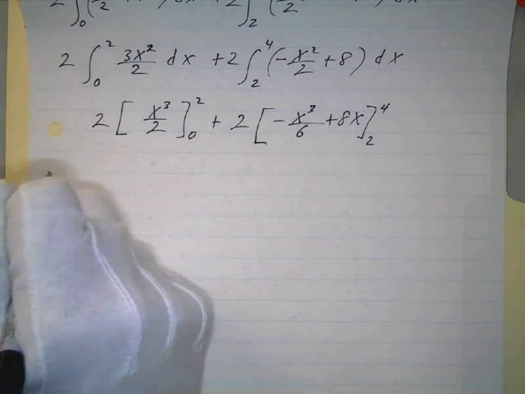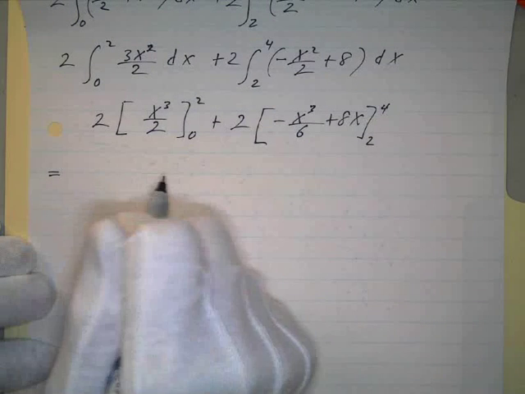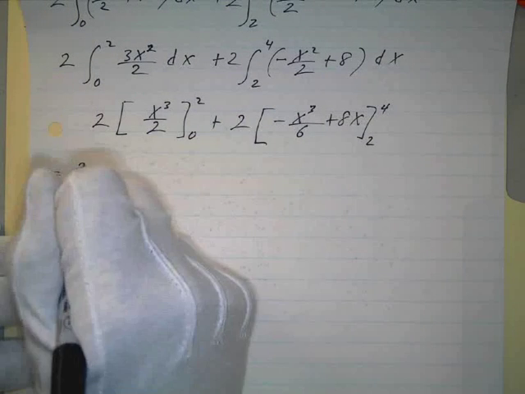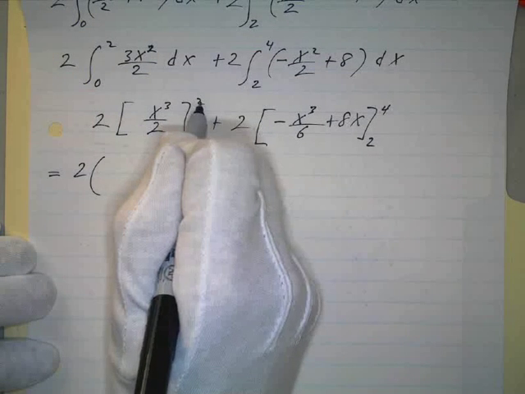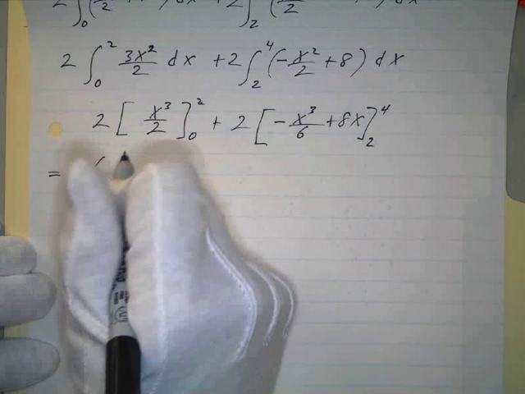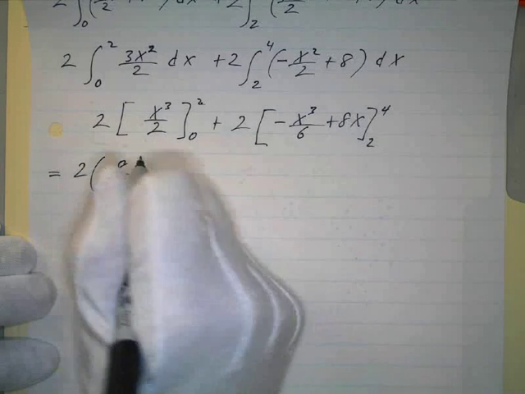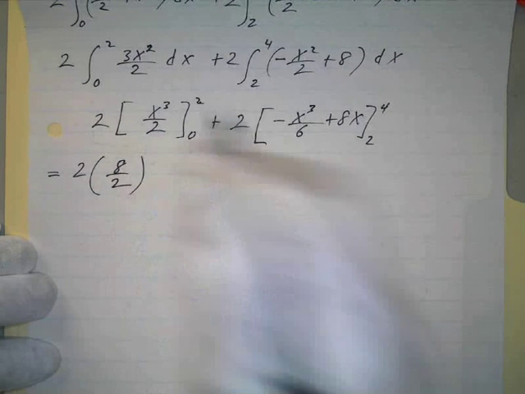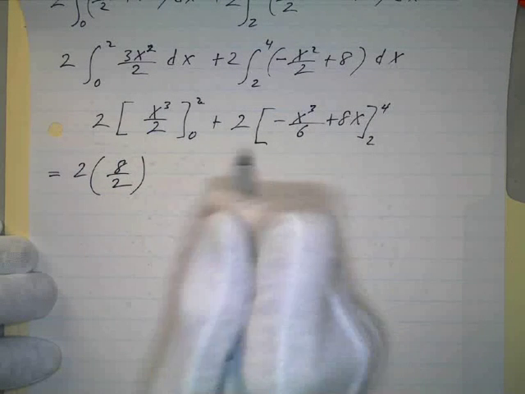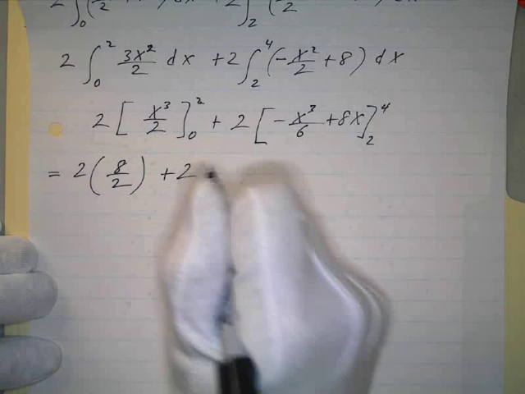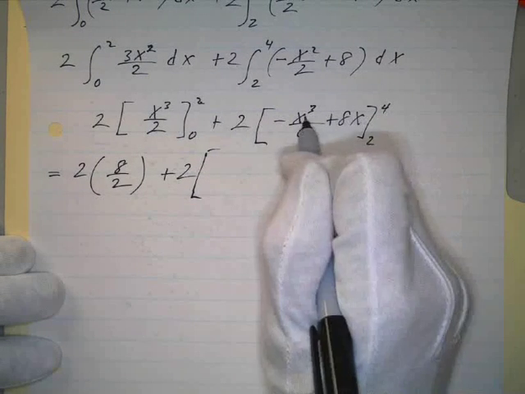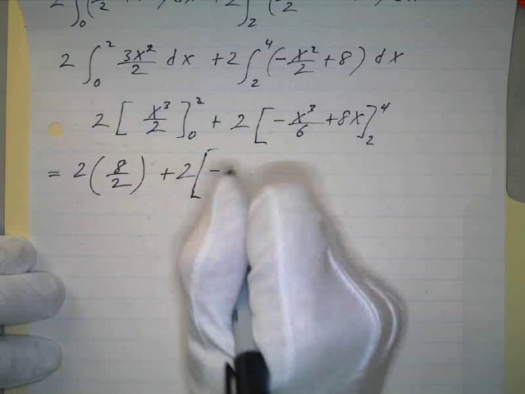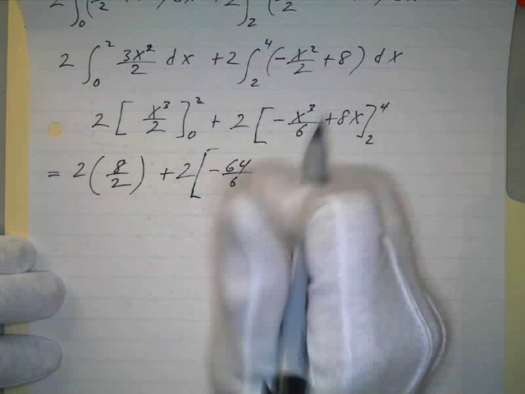So this is going to end up equaling. So if I put these in, I'm going to have 2 times x cubed, if I substitute 2 in for x, I get 2 cubed, which is 8 over 2. And then if I put 0 in here, that's just going to be 0 over 2, which is 0. 2 times 0 is 0, so that drops out. And then this other part over here, plus 2 times, and this is where it's going to be a little bit of work. 4 cubed is 64, so that'd be negative 64 over 6.